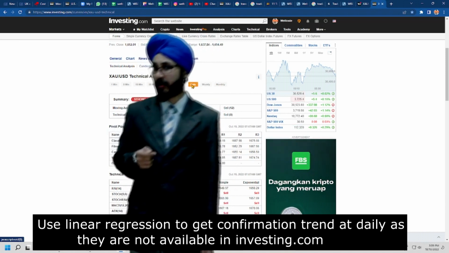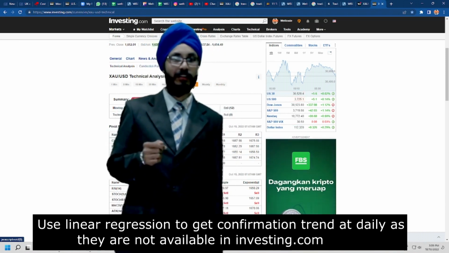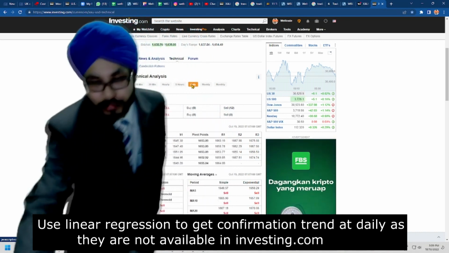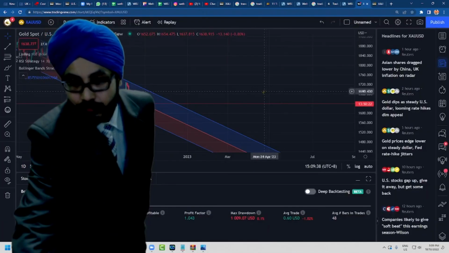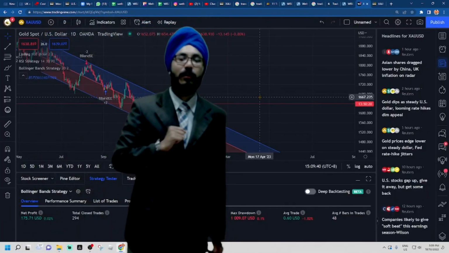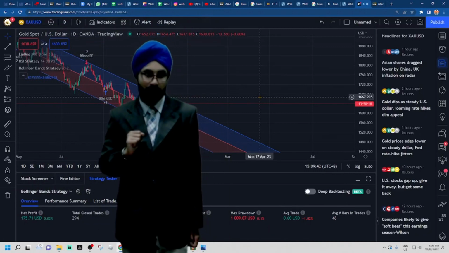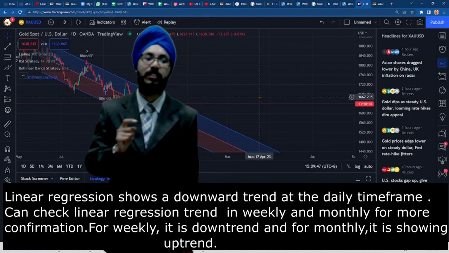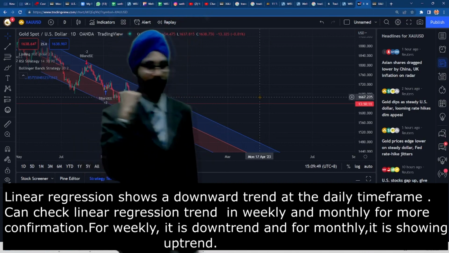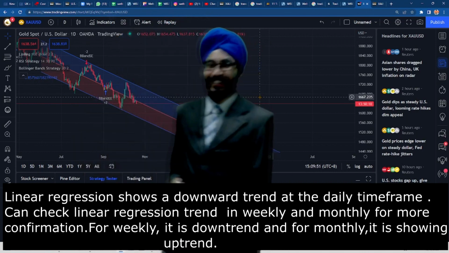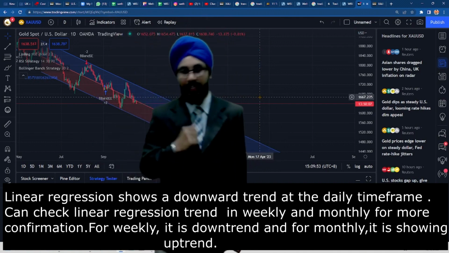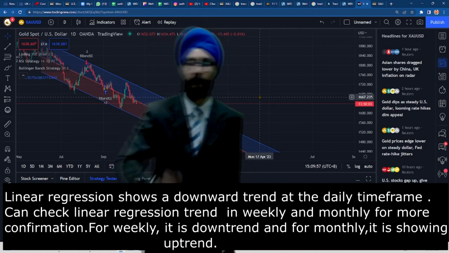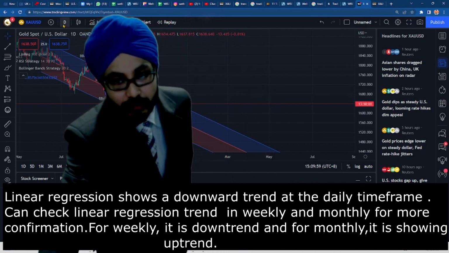What we will do is use another indicator, namely linear regression. As you could see here, at the daily time frame, by using the linear regression, you will see that it is a downtrend. If you would like to check more, you can check the higher time frames.